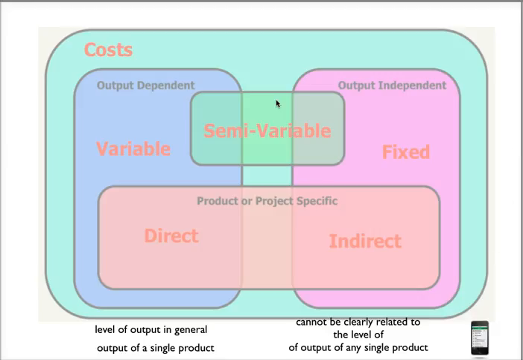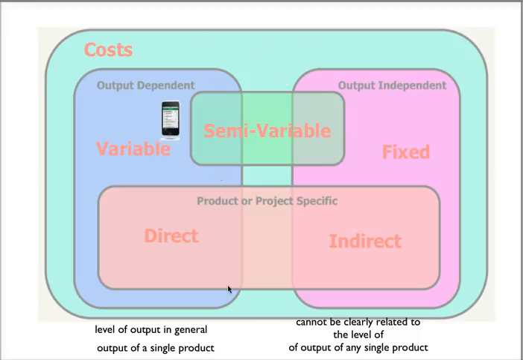However, there's something called semi-variable cost, like phone bill, because phone bill can start off like a fixed cost with the minimum fixed monthly charge that you pay, and you get a certain quota of free minutes. But once you exceed those free minutes, the phone bill can become a variable cost.